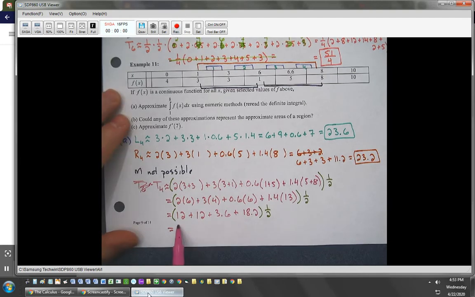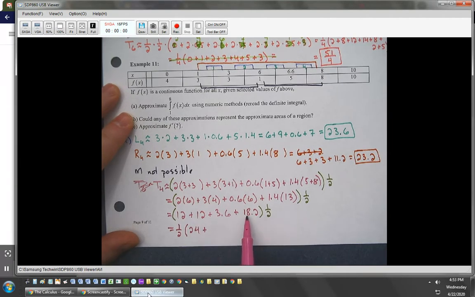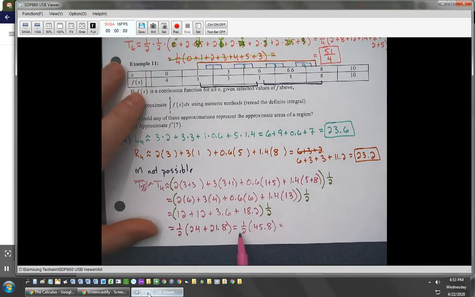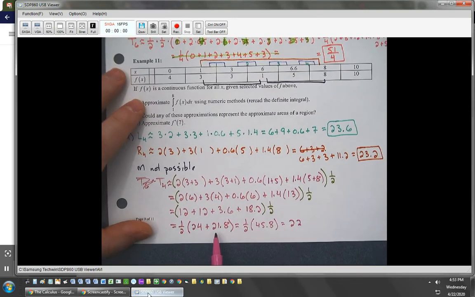We get 1/2 times, this is 24 plus, that's going to be what, 21.8, which equals 1/2 of 45.8, which ends up being, 2 goes into there twice, 2 goes into there twice. I messed it up, I bet.